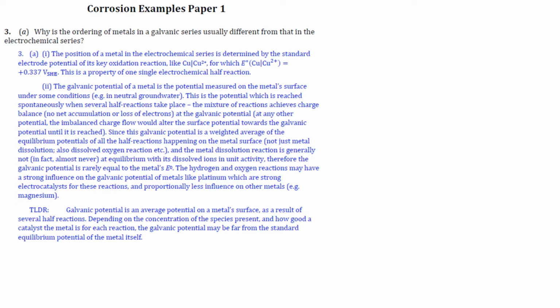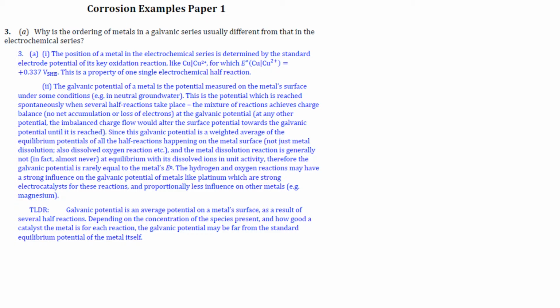Now, since this galvanic potential must therefore be some sort of weighted average between the equilibrium potentials of all of the half reactions happening on the metal's surface, not just the metal dissolution half reaction, but also other reactions like oxygen reduction, and because the metal dissolution reaction generally is not, in fact almost never, at equilibrium with its own dissolved ions at unit activity, therefore the galvanic potential is rarely equal to the metal's standard electrode potential.